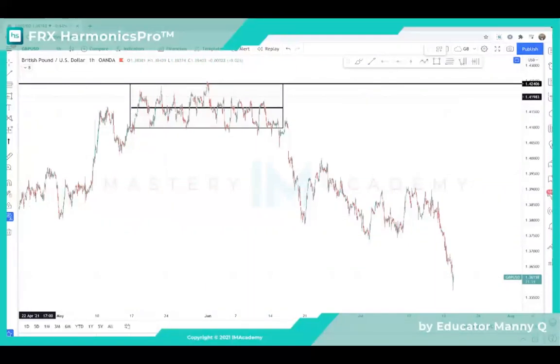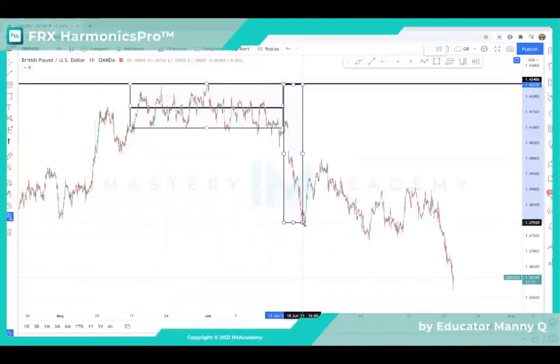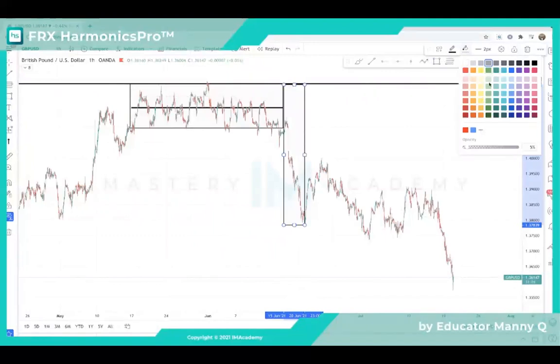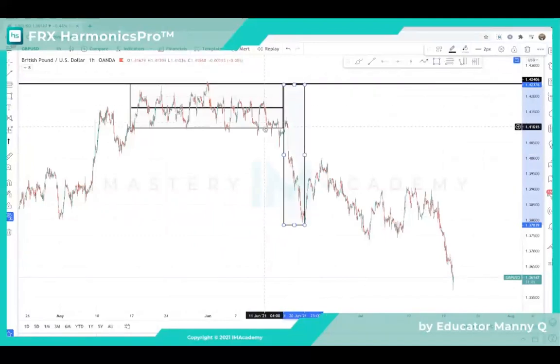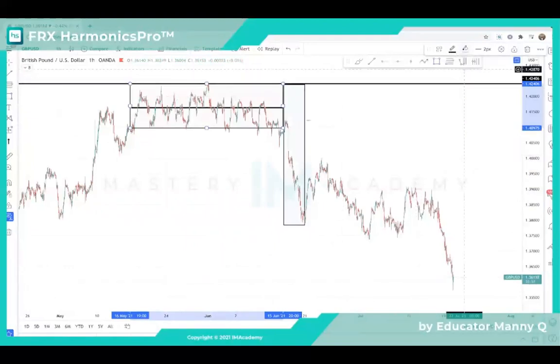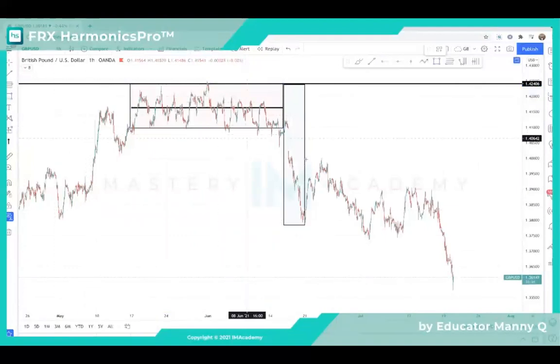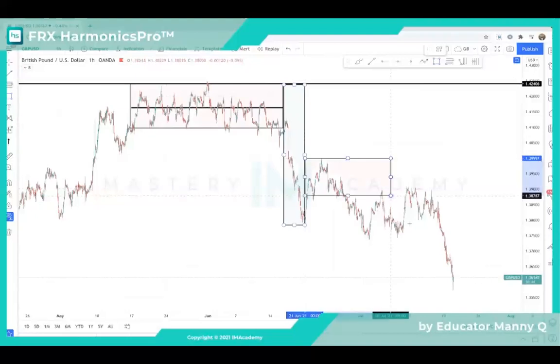And then eventually, when the price is ready to make another drive, the price will go into something known as an expansion inside of the market. So let's take a look, right? We'll use this as an expansion and we'll say that this right here is a contraction. Now, once the market has expanded, the drop has been made, the move has been made, whatever the case is, the market then goes back into the next area of contraction.